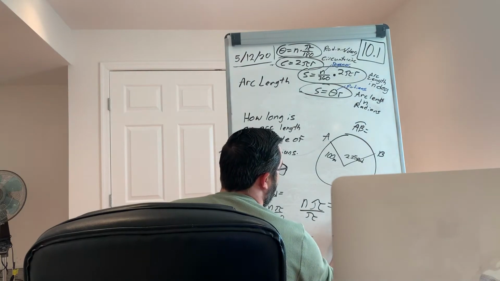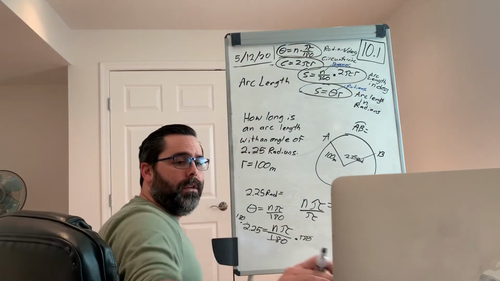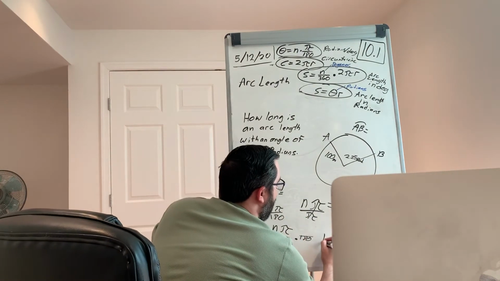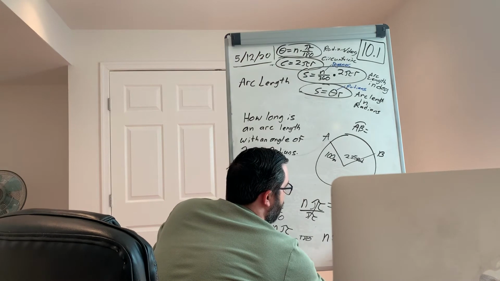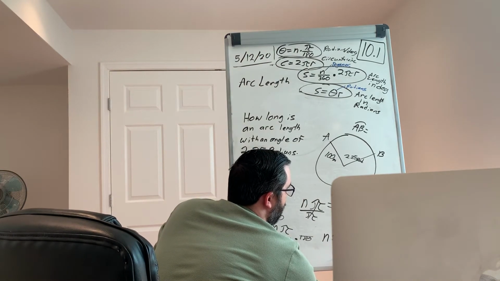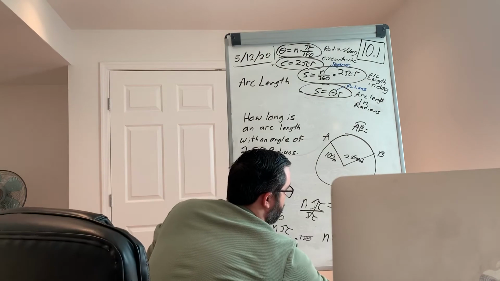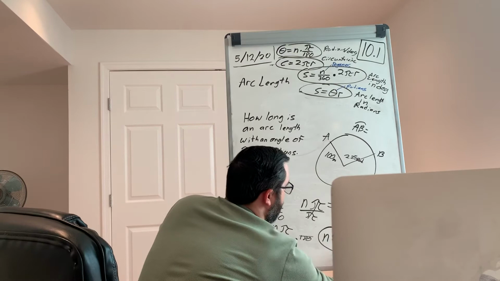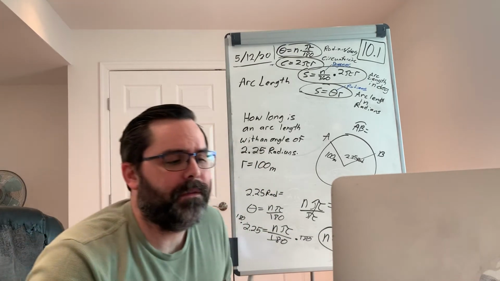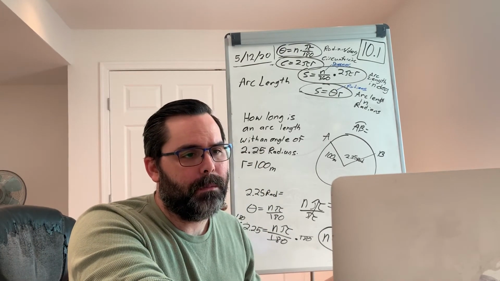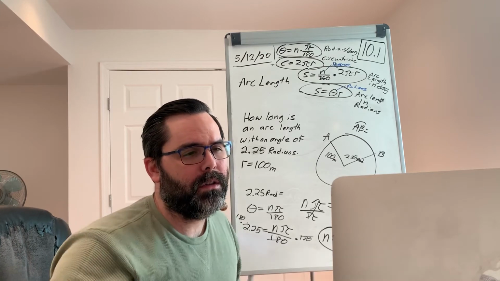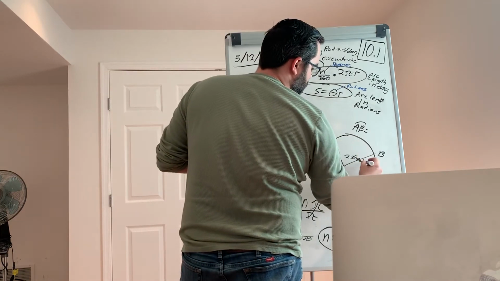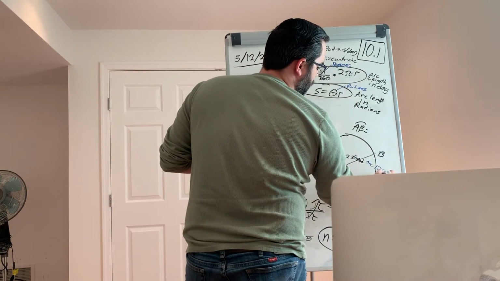Then we divide by pi. And here's what you're not going to want to do. You want to leave it in terms of pi. So these cancel. We got n equals 405 over pi degrees. Which is, if you divide that, 405 divided by pi is about 129 degrees. So this is approximately 129 degrees.